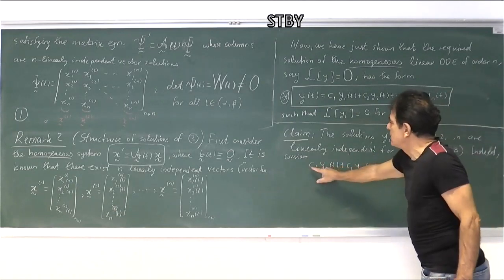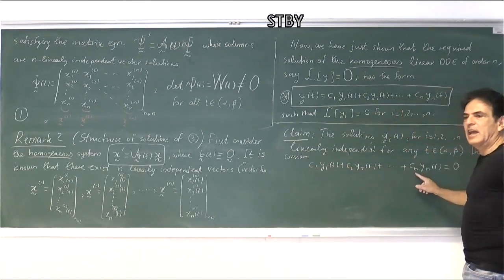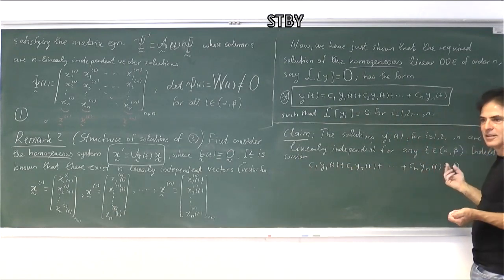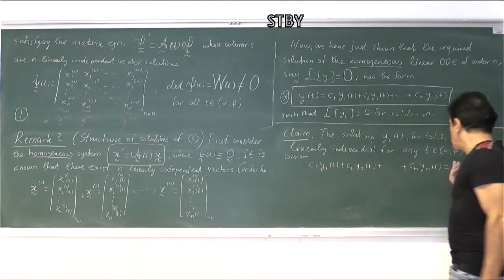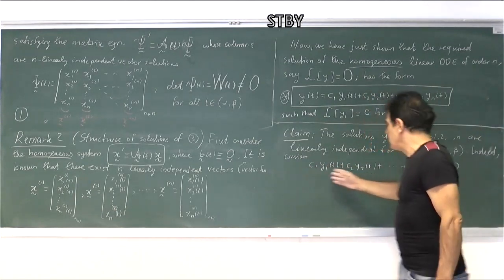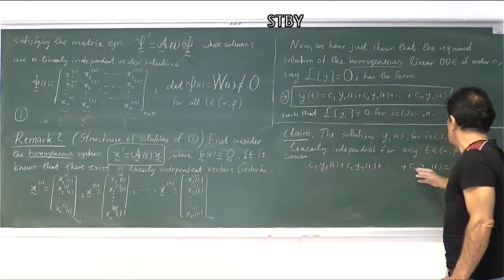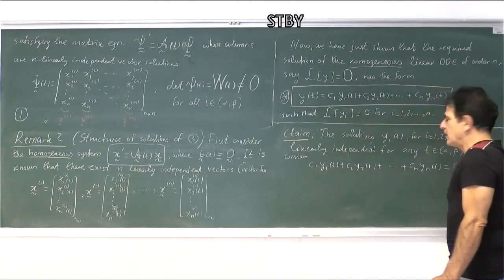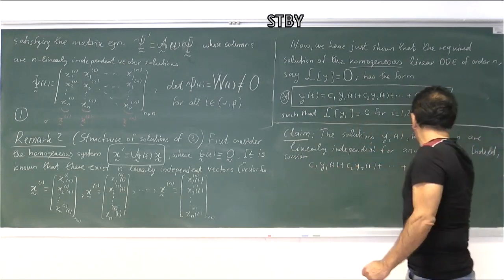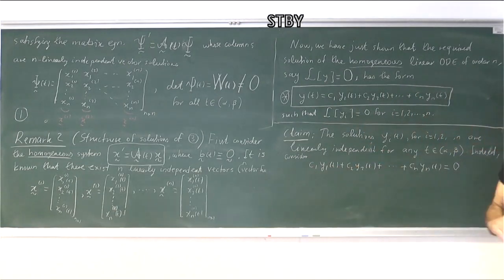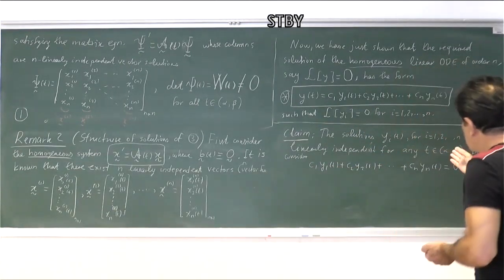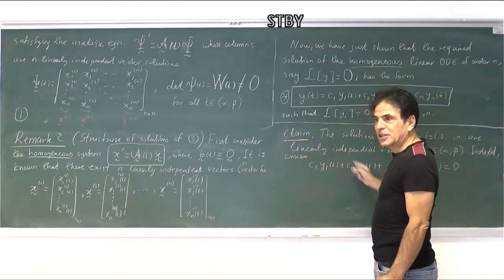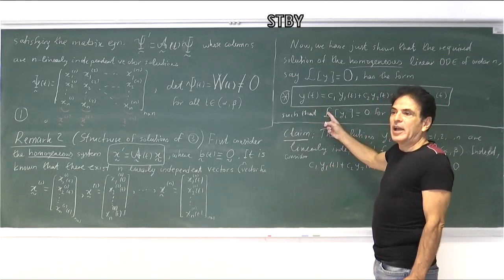Only when C1, C2, and Cn are all 0 for linear independence. Otherwise, if you find non-zero C1, C2, Cn, at least one is non-zero, satisfying this equation, then y1, y2, yn are linearly dependent.